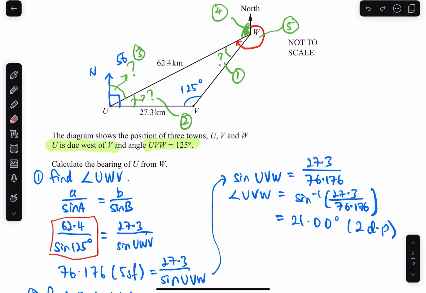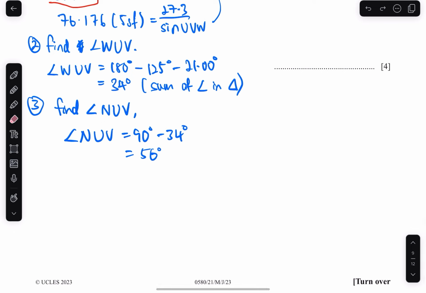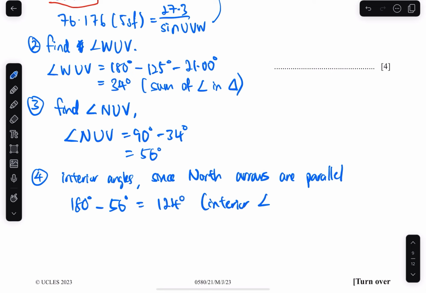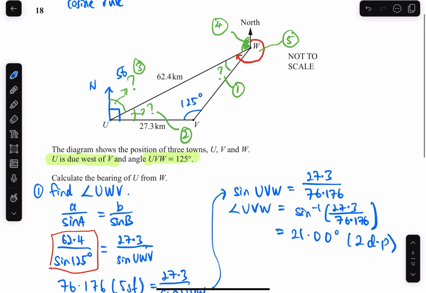Because both north arrows are parallel, let's write down the reason: these are interior angles. So 180 degrees minus 56 degrees gives 124 degrees. This 124 degrees is angle number 4.